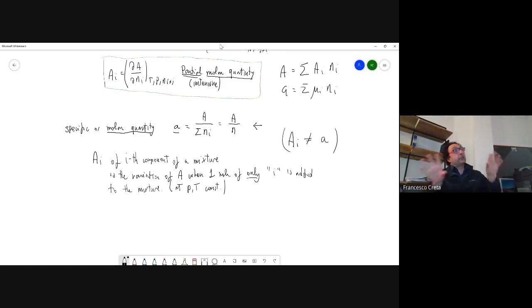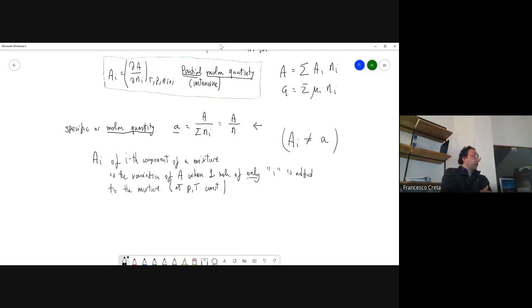They are separate in this volume, separated by impermeable walls, so it's kept in a constrained state. But then I will remove these constraints, these walls, and I will let the substances mix. In that case, you really need to understand what the effect of the addition of 1 mole of each pure substance does to the already existing mixture.